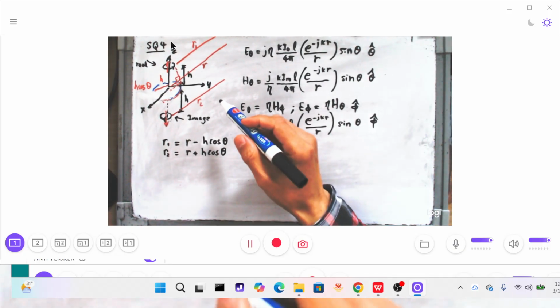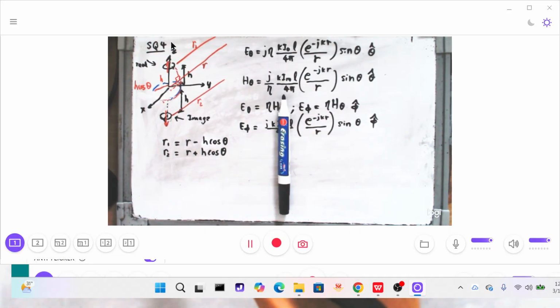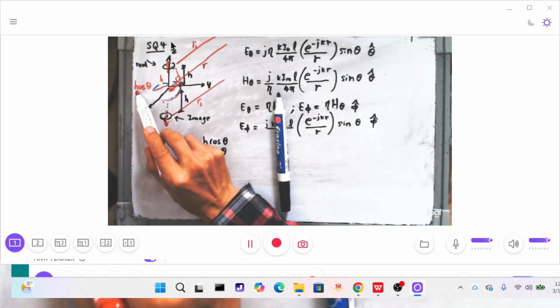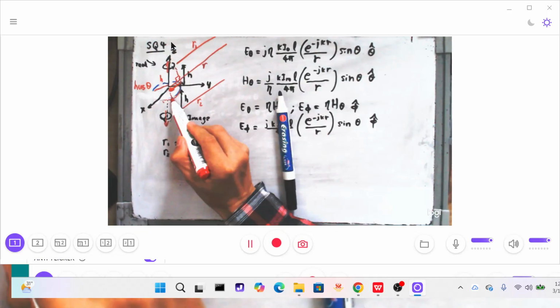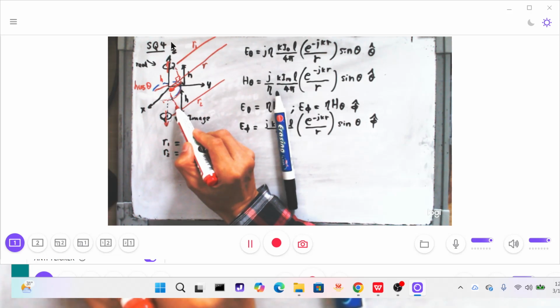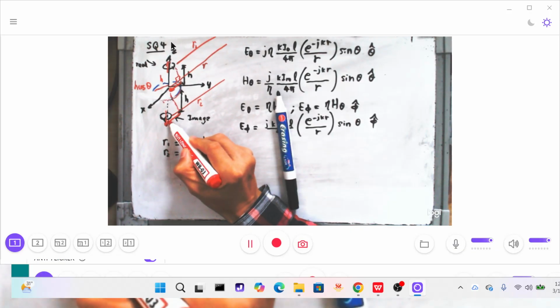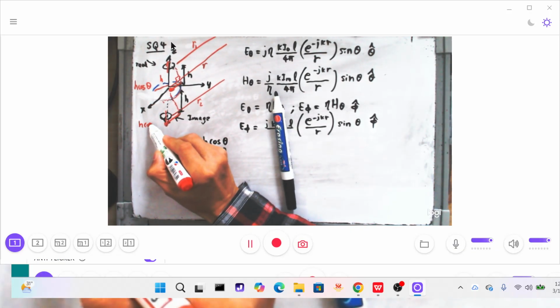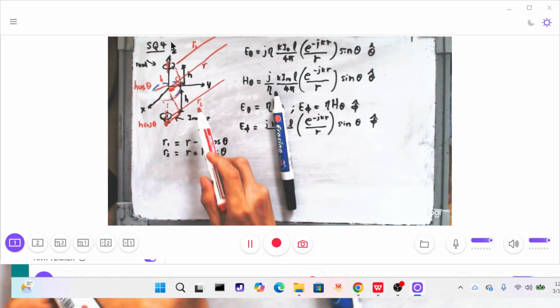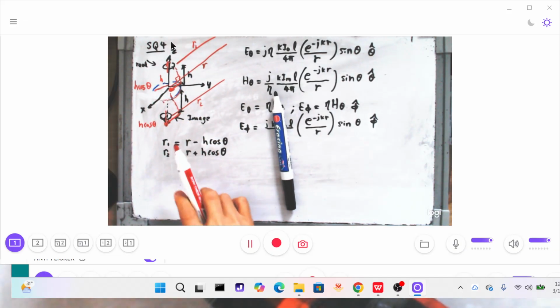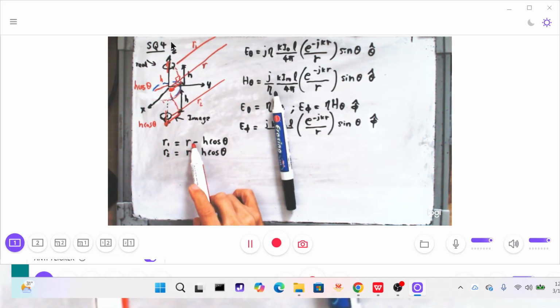So this is how we determine the phase shift of this value here, h cosine theta. And similarly, if you draw a perpendicular projection onto R2, this ratio here is h cosine theta, and R2 is equal to R plus this ratio. For the upper one it is R1 equals R minus the ratio, right?